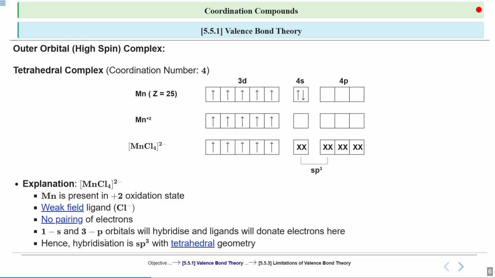Hence the hybridization will be sp3 with the corresponding tetrahedral geometry. These 1s and 3p orbitals are going to arrange themselves in a tetrahedral manner in 3D space, and hence the complex MnCl4 2- will show the tetrahedral geometry.